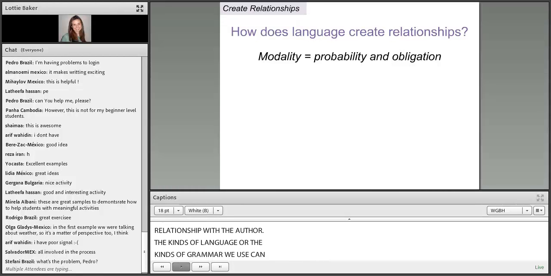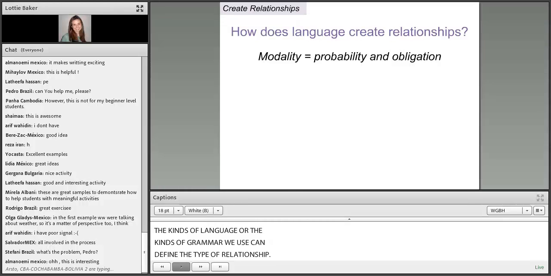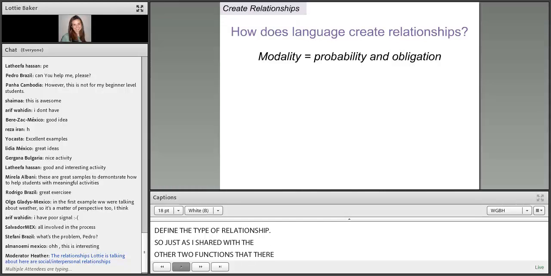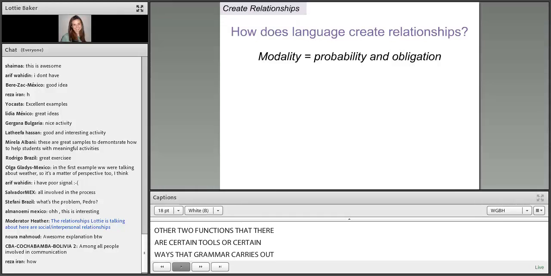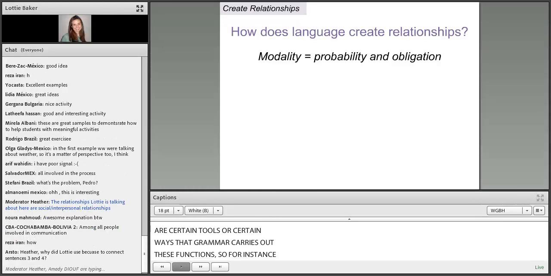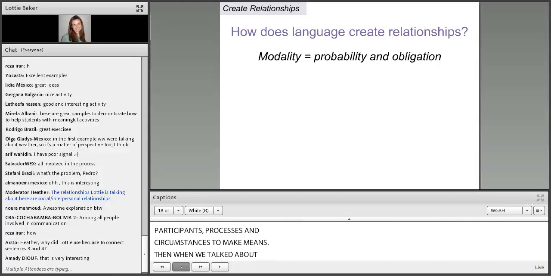Just as with the other two functions, there are certain tools or ways that grammar carries out these functions. When I talked about making meaning, I said that grammar uses participants, processes, and circumstances. When we were talking about connecting ideas, we talked about cohesive devices.